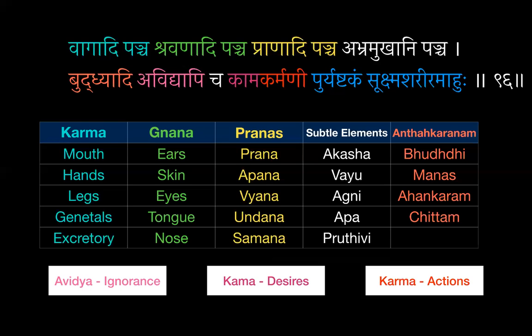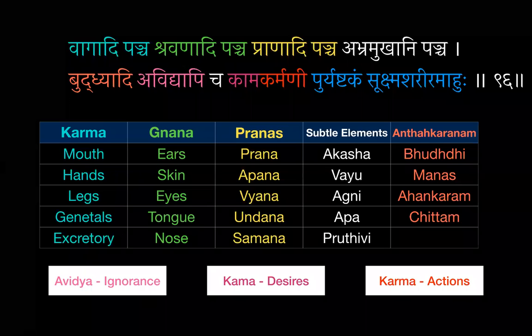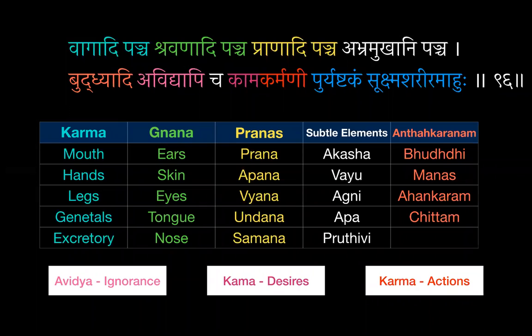And because of avidya, we get kama. Kama means desire. Any desire. I want a car. That is a desire. That is a kama. I want a good house. That is a desire. That is a kama. If we think deeply about it, we want something else because we are not satisfied with what we already have. We want something else because we think that the other thing is going to make us complete.